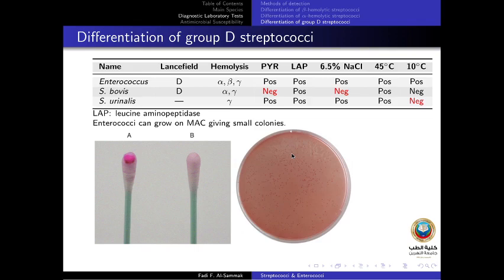And the MacConkey agar is selective for gram-negative because it contains materials that are suppressive or bactericidal to gram-positive cocci, like crystal violet and bile salts. However, Enterococcus can resist these materials and therefore can grow even on this medium.